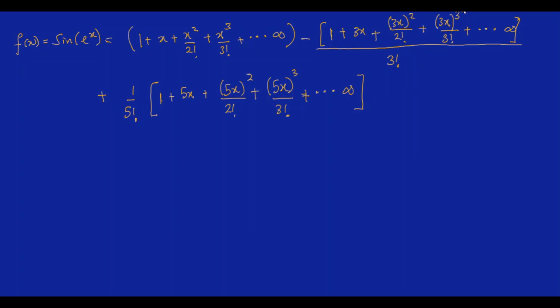So this is going to be the polynomial expansion, or the Maclaurin series expansion, for sine of e raised to power x. But you can simplify this further by grouping the terms with the same power. You can see that here we have terms in x squared, we have a constant term and the other powers. The same thing applies here and in this third expression. Therefore, we can group them together.